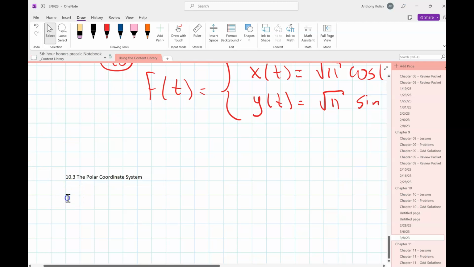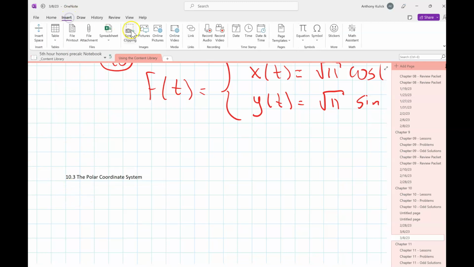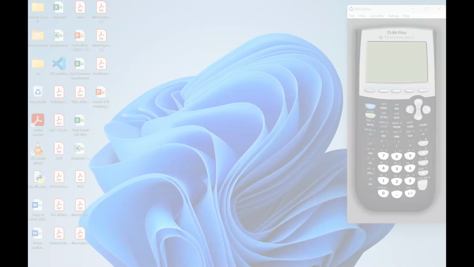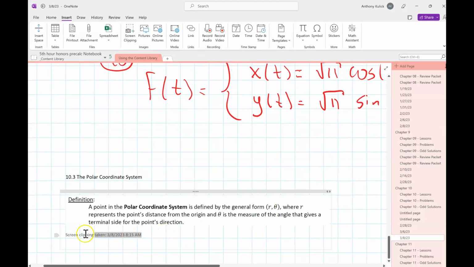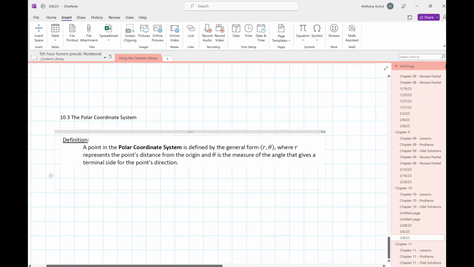So let's start with our definition here. In the polar coordinate system, what we're plotting are r comma thetas, where r represents the distance from that point to the origin, and theta is the measure of the angle that gives the terminal side for the point's direction.